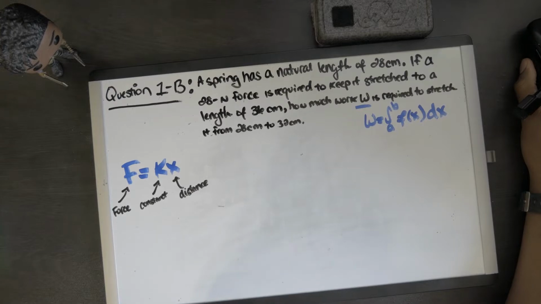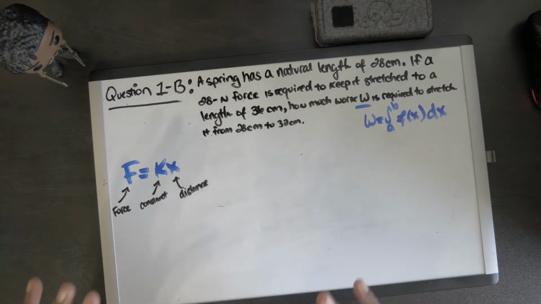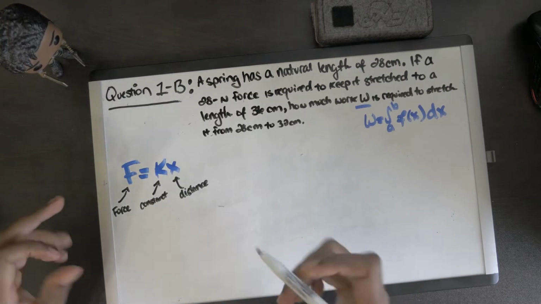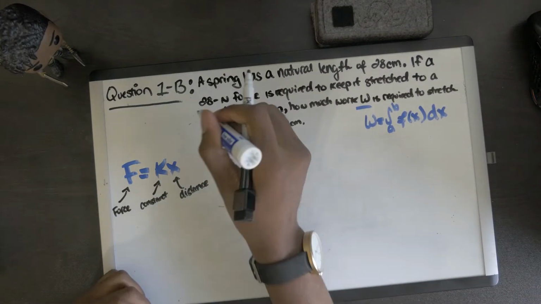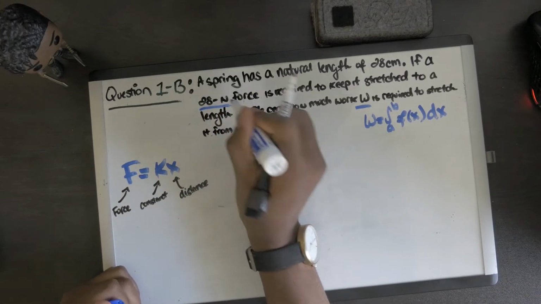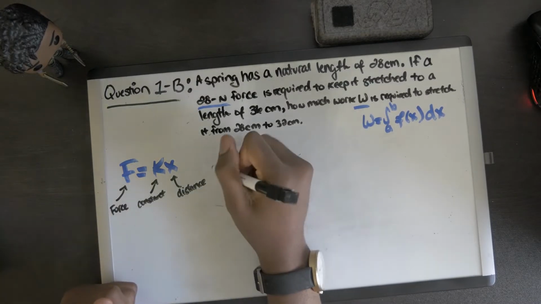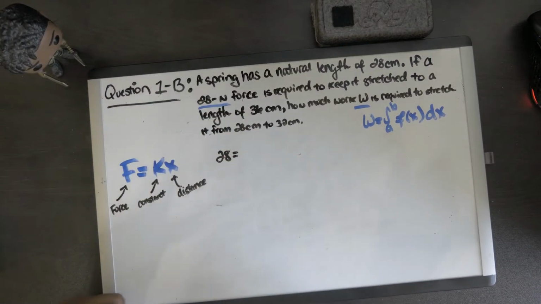Okay, so keep in mind, we have these elements now, and it's starting to at least drive us towards what we need to solve. We know we have the force. The force is stated here, which I'll highlight. The force is 28 newtons. So let's keep that in mind and plug in some values. We have 28 listed here.